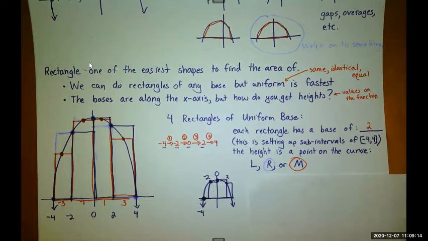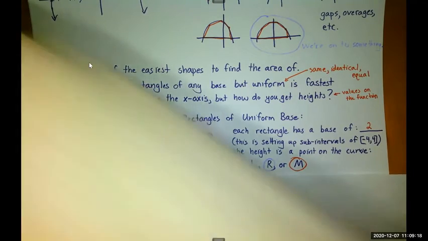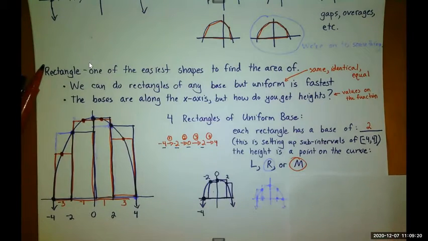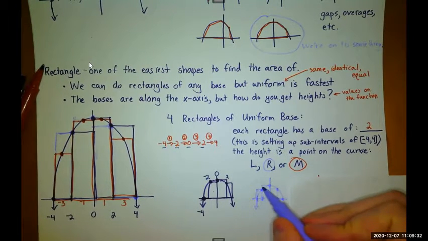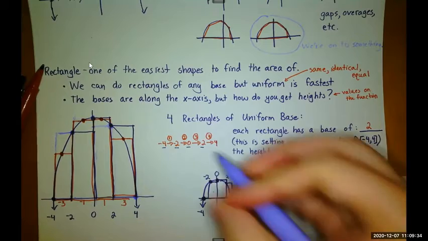The second option that's commonly done is the right rectangles. So what do I mean by that? Well, this one's a little bit harder to see, but it's still the same shape. And you'll notice that from -4 to -2, my rectangle height this time is over here at -2.